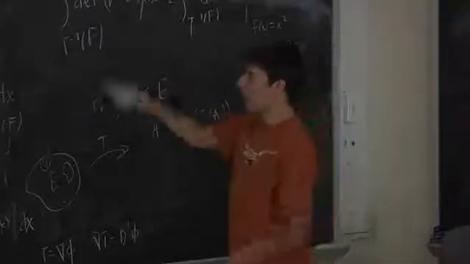You can pick any A, and it's going to have the form T inverse of something.